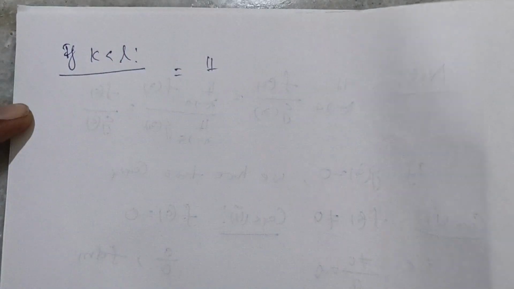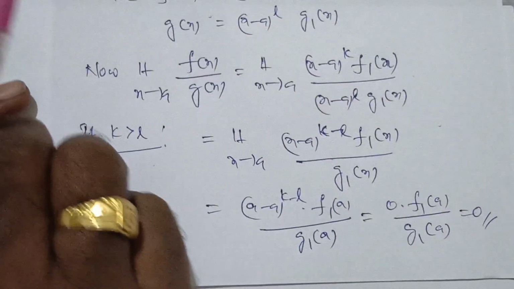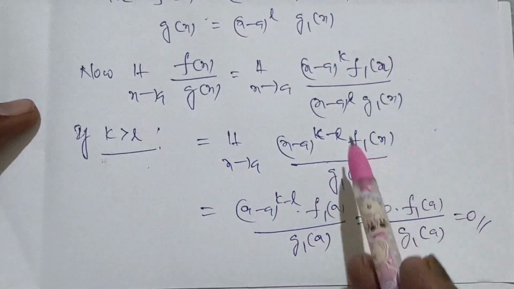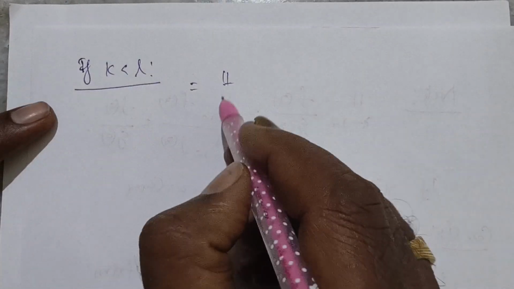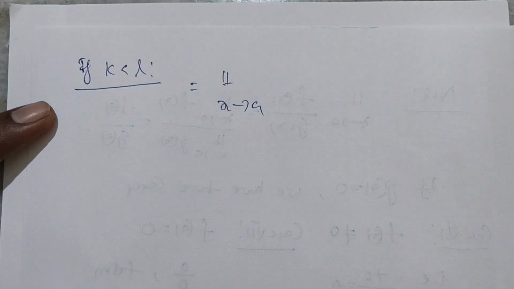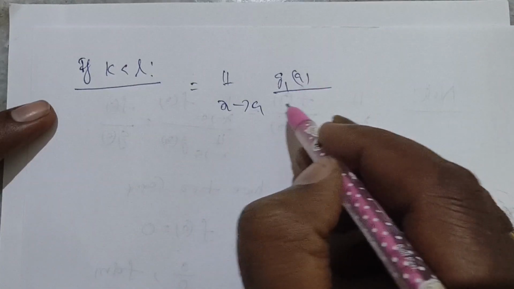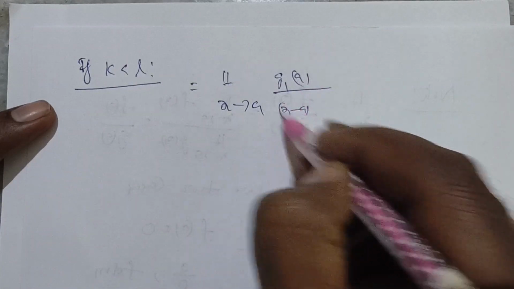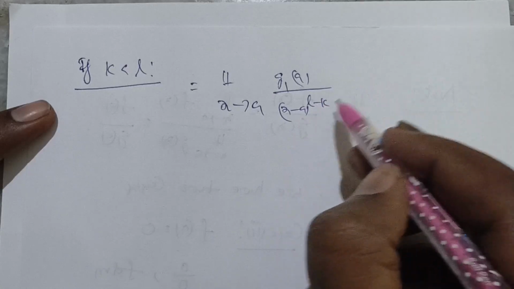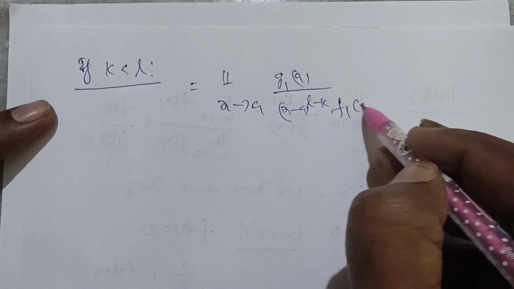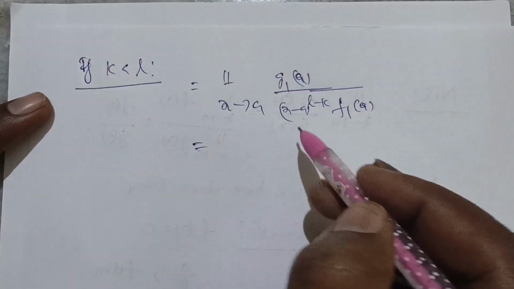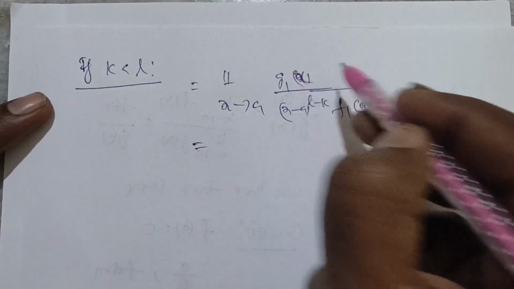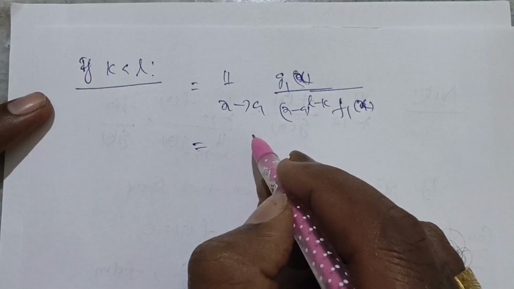If k less than l, then the given limit, the numerator x minus a whole power k can be taken into the denominator, which is of the form limit x approaches a of g1 of x by x minus a power l minus k into f1 of x.